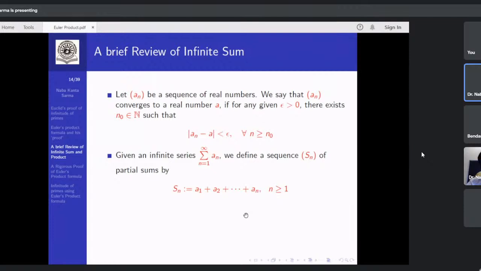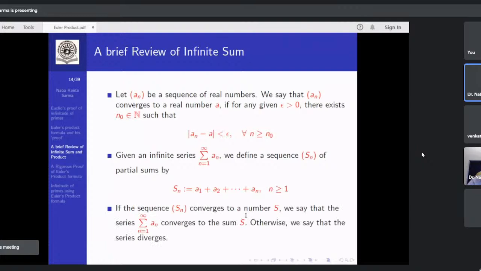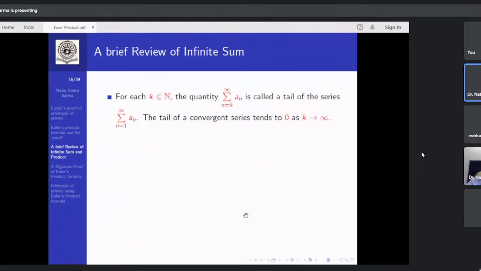If this sequence S_n converges in the above sense, then we say that the given series summation a_n also converges to that sum. The limit of the sequence will be called the sum of the series. So if the sequence S_n converges to a number S, we say that the series summation a_n converges to the sum S. Otherwise, we say that the series does not converge.